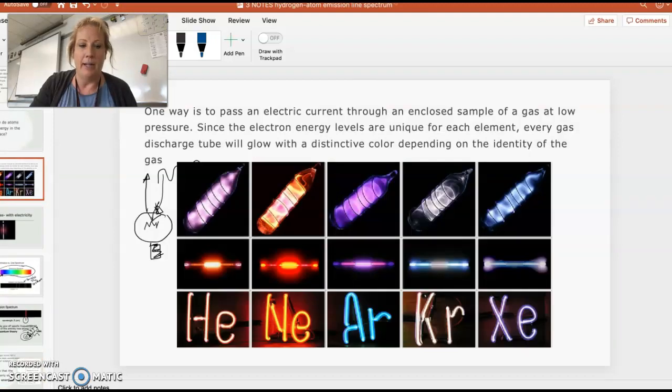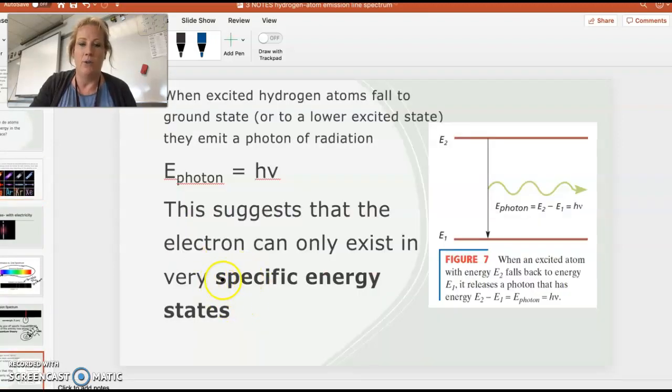Quantized would be like you can only absorb, you could have 1 skittle, you could have 4 skittles. The skittle would represent the energy of the photon, and you can only have 1 or 2 or 3 or 4. You cannot have 1.3 repeating skittles. So skittles are quantized, if that makes sense. If not, we will talk much more.